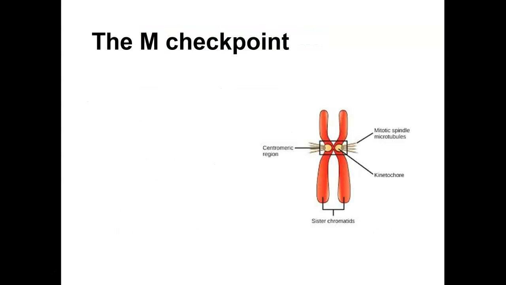Okay, if everything was good in G2, we progress on into mitosis. And remember, there were those steps in mitosis of prophase, metaphase, anaphase, telophase. We have a checkpoint in metaphase. It occurs near the end of metaphase.